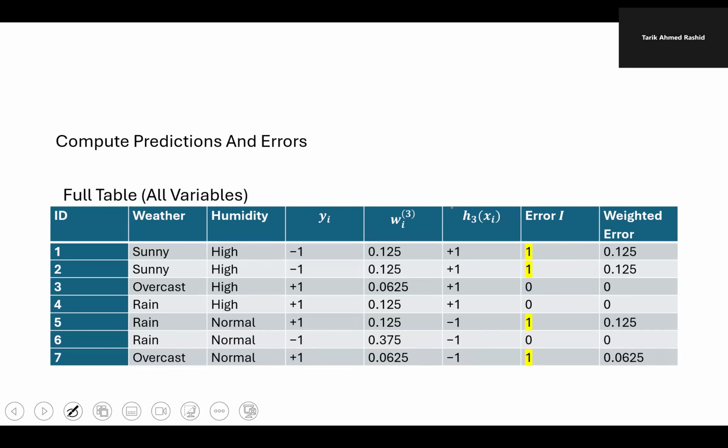We said that humidity normal. So H3x equals -1. So humidity, that's sunny. This is wrong. Shouldn't be -1 because we say if humidity normal, then -1.